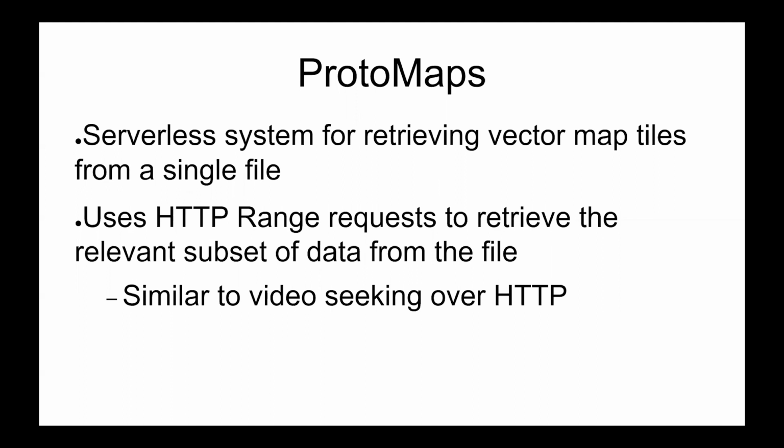Protomaps was used to combine the vector tile data into a single file, and that helped me reduce hosting costs as well. It uses HTTP range requests to fetch the relevant subset of data, similar to how video seeking works over HTTP.